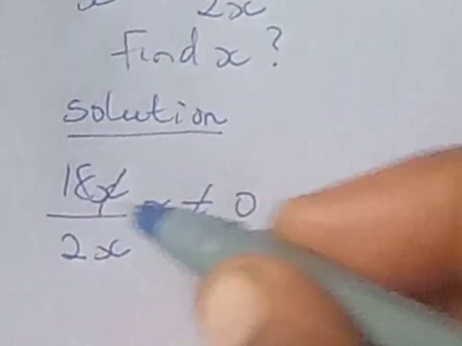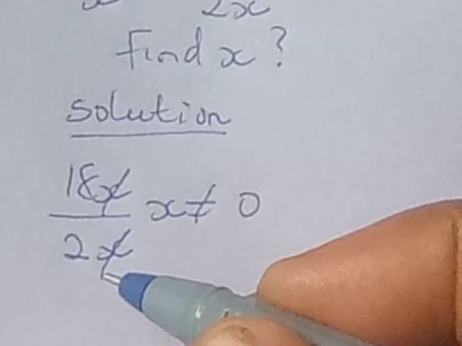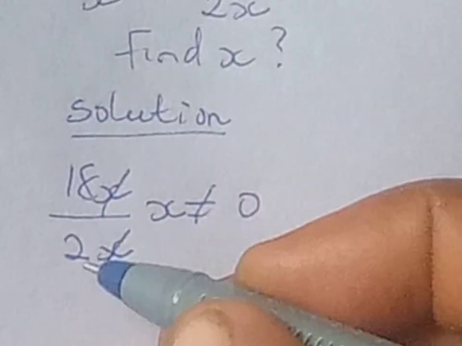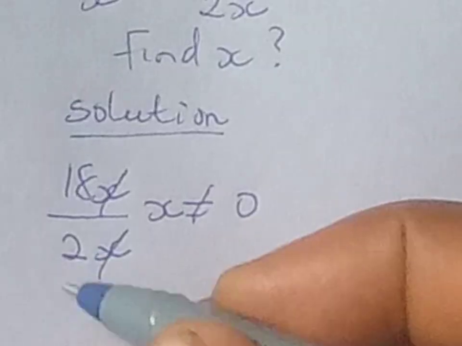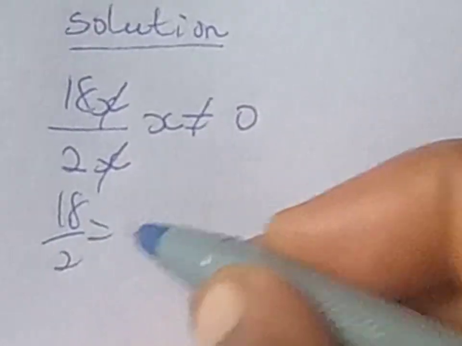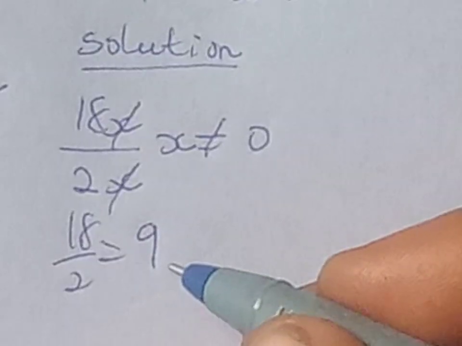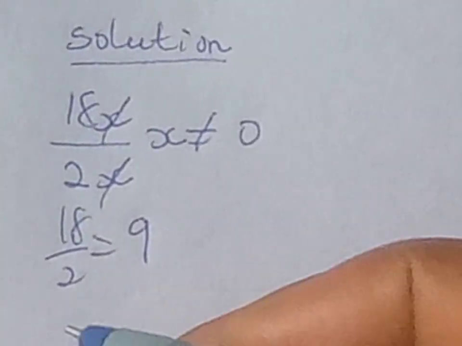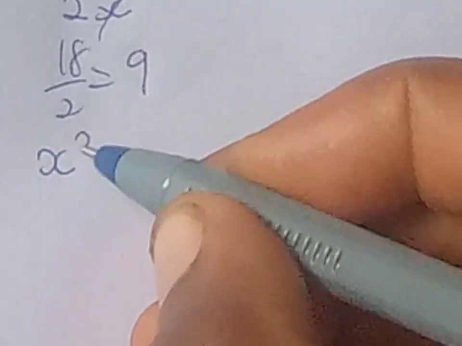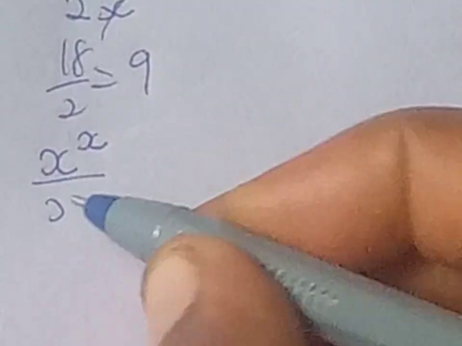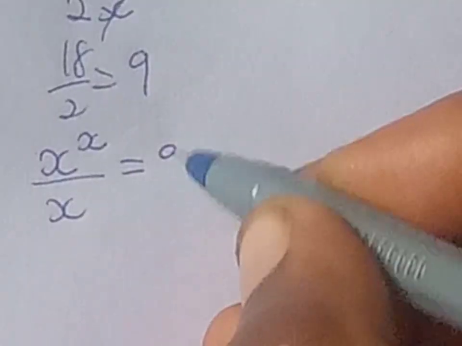That is, x cancels x, so we are left with 18 divided by 2. So 18 divided by 2 will give us 9. So our equation becomes x raised to the power of x divided by x equals 9.